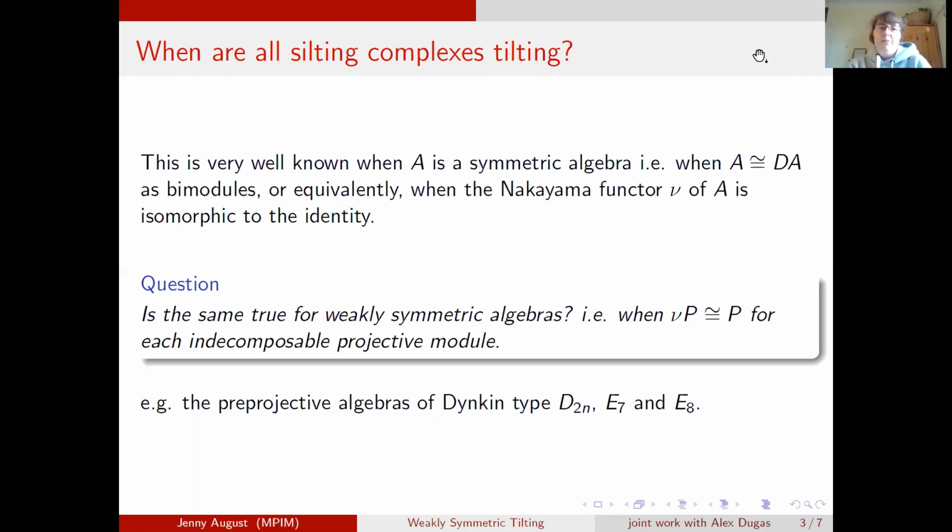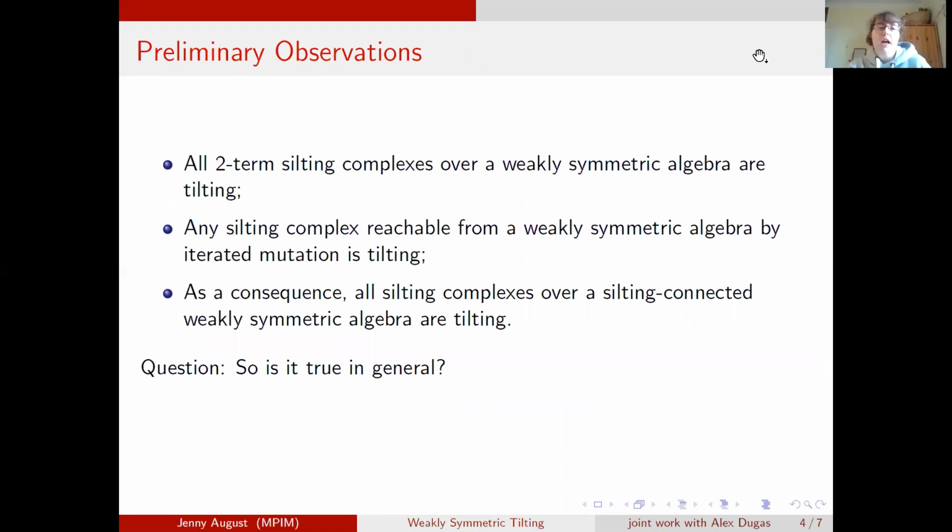So we can make some preliminary observations. The first thing to do is look at a very restricted class of the silting complexes, the 2-term silting complexes. These are literally just silting complexes which have non-zero terms only in degrees 0 and -1. A very restricted class, but also a very well-studied class because of their connection to tau-tilting theory due to Adachi, Iyama, and Reiten.